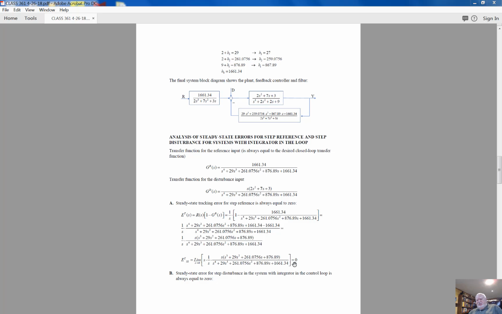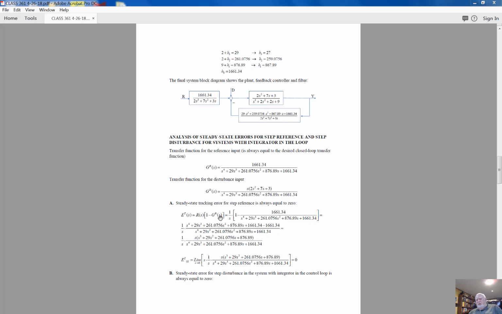And this is what I did here. I have this expression, I am assuming s approaches 0, and this is the s that will turn steady state error into 0. But you know what? I can give you an even simpler explanation of this result. Take a look at this expression. I have reference 1 minus the transfer function for reference.